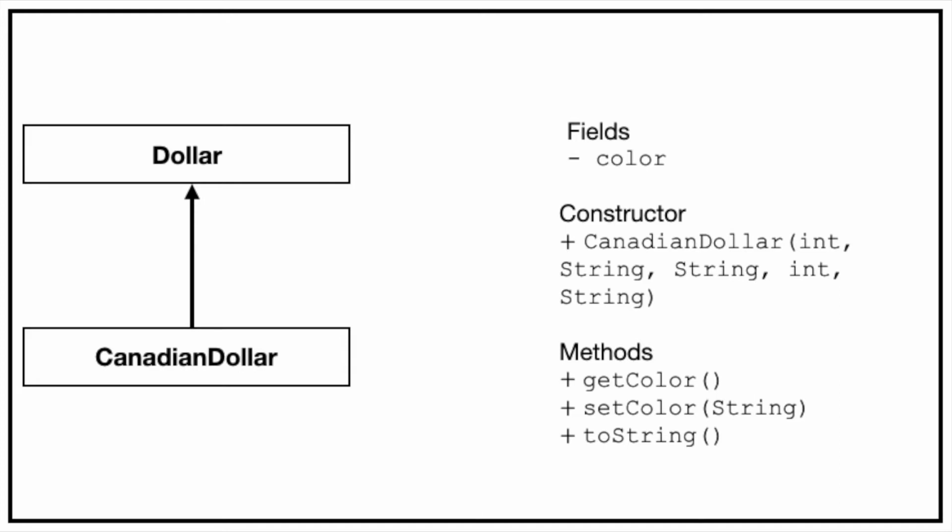The constructors, probably we can use the same ones from our superclass, but we want to create one customized constructor that takes the 4 fields in addition to a string as the last part to represent the color. Methods, we need the getters and the setters, and in this particular case, we're going to override the toString. Let's take a look at the code.